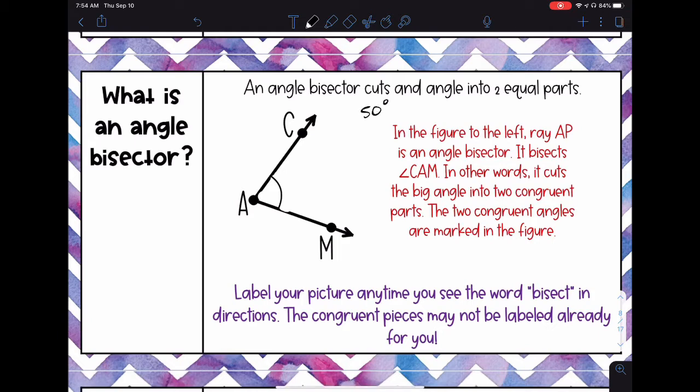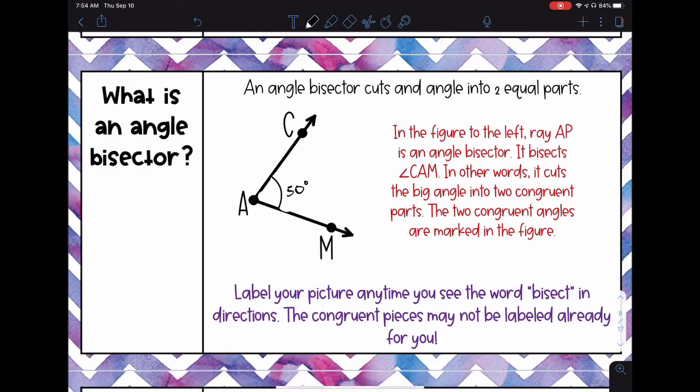I should write that down there in the corner. This guy's 50 degrees, and then I said I want you to draw an angle bisector. So you would cut him perfectly in half, okay?